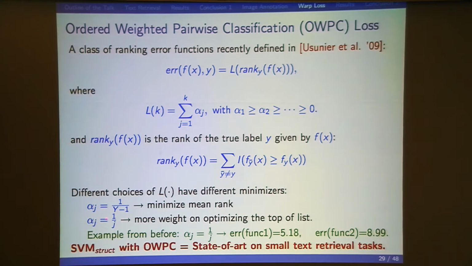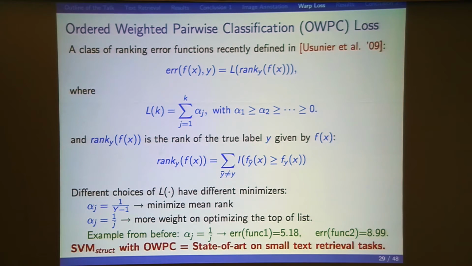If you define them as some constant, you get the mean rank from before. And if you make them some decaying thing, like alpha j is 1 over j, so it's getting smaller and smaller with higher rank, then basically you're paying more attention to the top of the list.